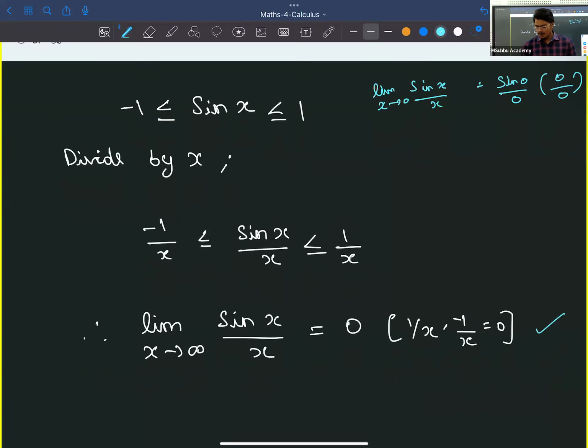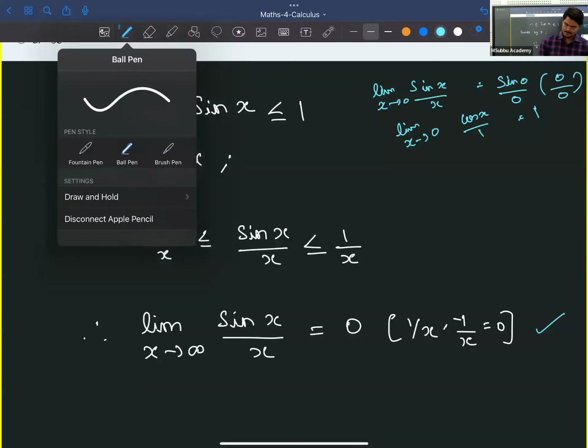So what can we do? Again, L'Hospital. When we do L'Hospital, you'll get cos x in the numerator and the denominator will be 1. So it will be 1, because cos 0 is 1. That's all. So this is an example for the last problem.